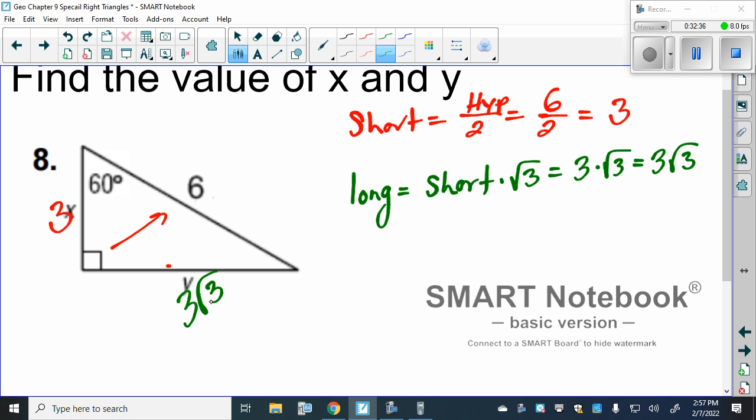So once we're given the hypotenuse, we divide by 2 and take that number and multiply it by the square root of 3. And that's it. So these here would be our 2 answers. Questions on this here?